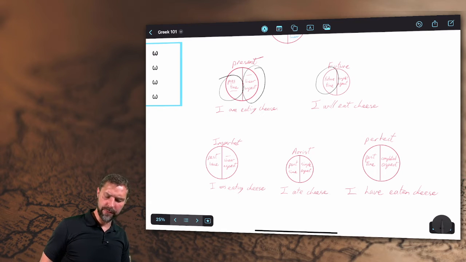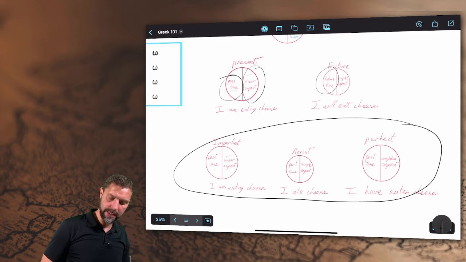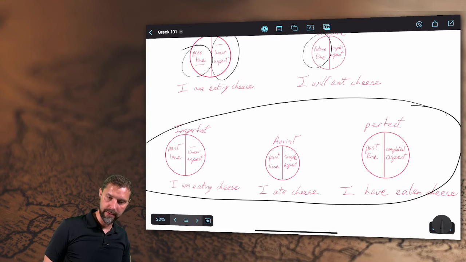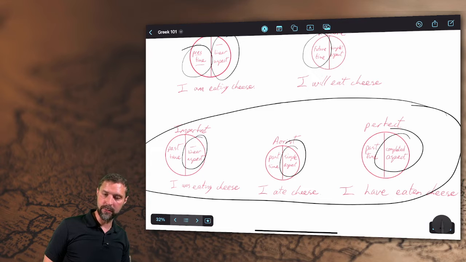It's hard to say with future what the aspect is, but for now we'll call it a simple aspect. And then the other 3 tenses that we're going to learn, imperfect, aorist, and perfect, are all past time. So once you recognize that they're all past time, well then the only distinction between them must be the aspect. And that's true. Linear, simple, and completed aspect is what distinguishes these 3.